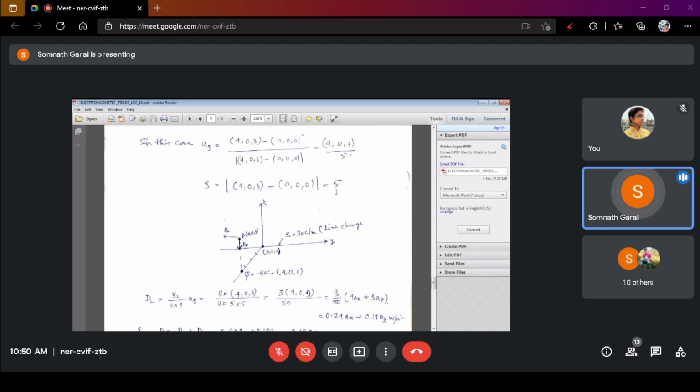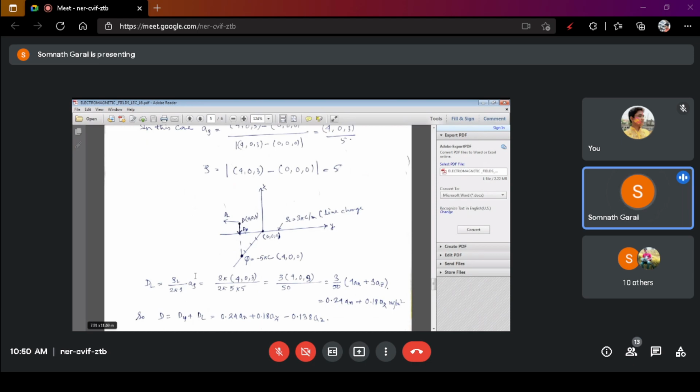So the modulus of rho is equal to 5 and the unit vector is 4, 0, 3 divided by 5. 4, 0, 3 means 4 into ax plus 0 into ay plus 3 into az, by 5.